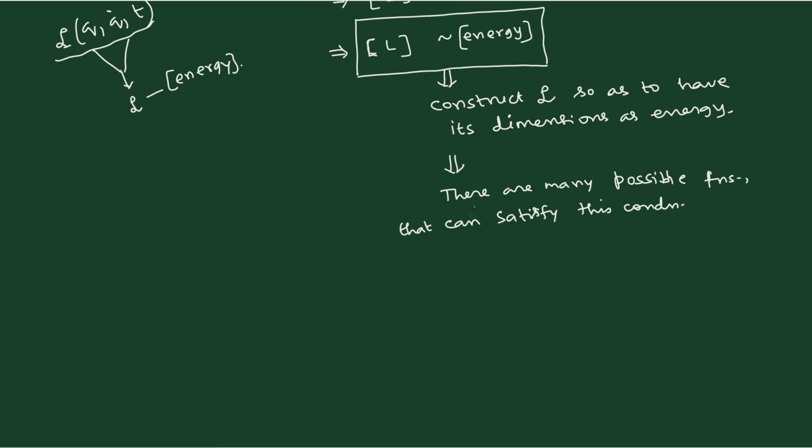That is the important statement, which means that there are many possible functions that can be written down so as to satisfy this condition. Okay, so making a final conclusion, this means the Lagrangian function is not unique for a given dynamical system.